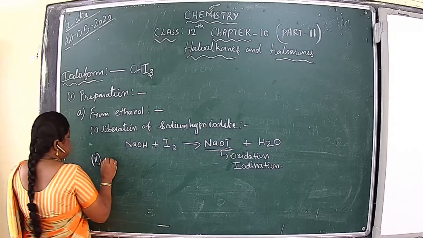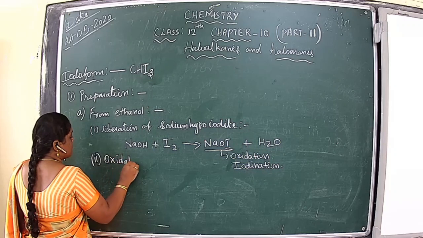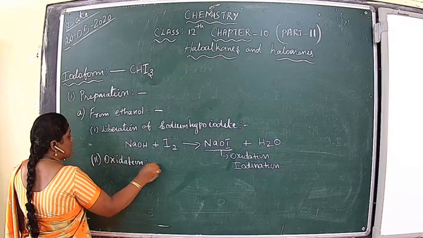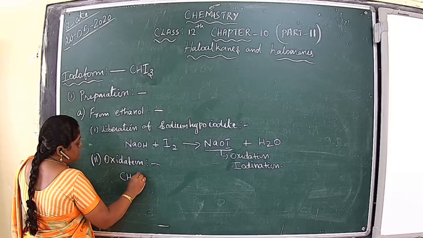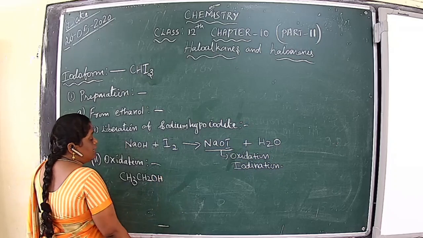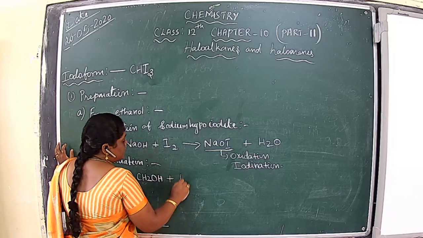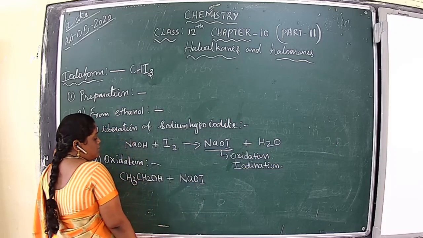Okay. So the second step is oxidation. Alcohol, CH3CH2OH, ethyl alcohol, reacts with sodium hypoiodide.